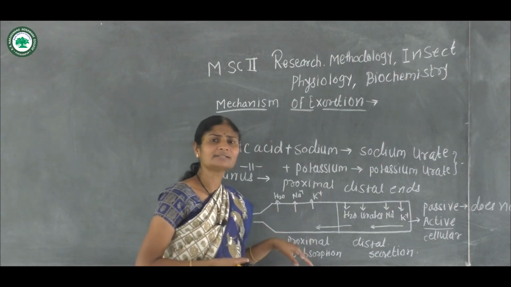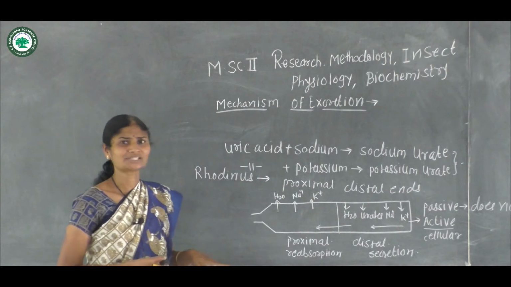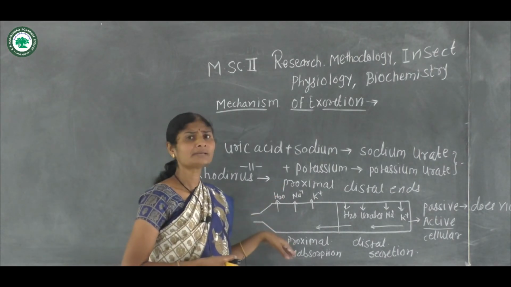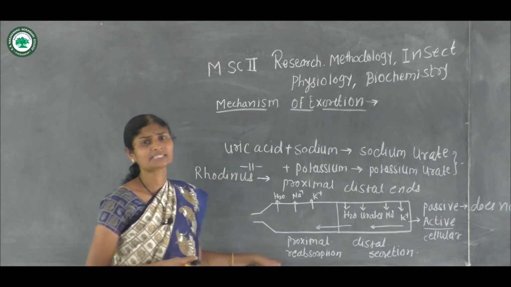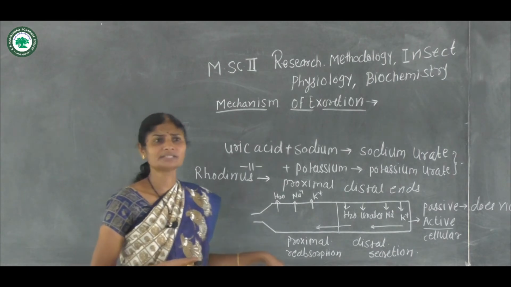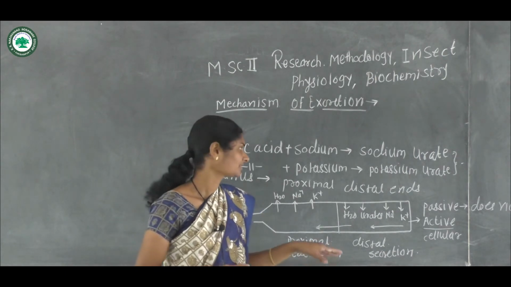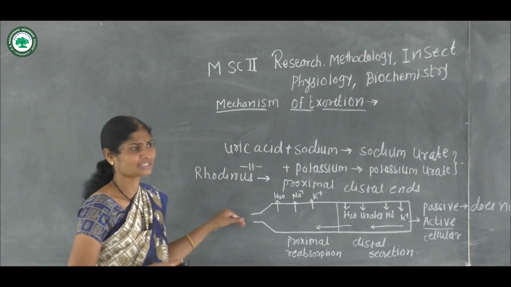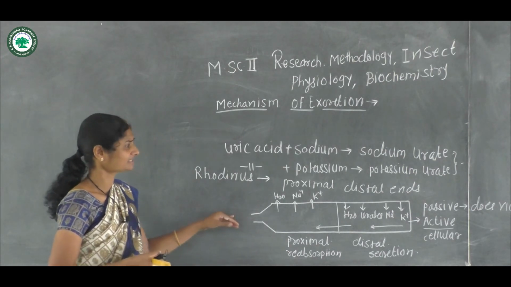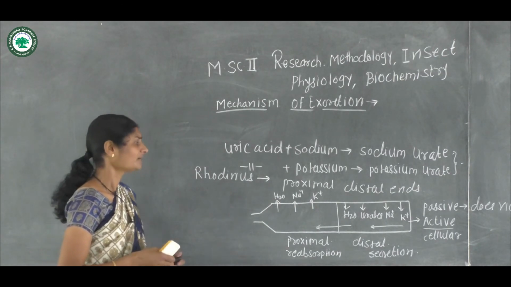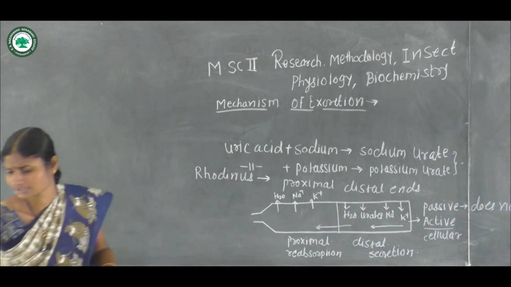In the hindgut again a large quantity of water is reabsorbed, and the precipitate is expelled along with the feces through the anus. In some insects, there is no differentiation in the tubules.